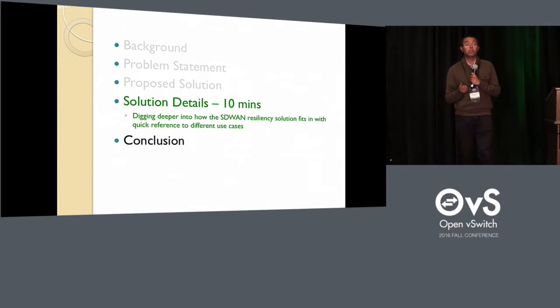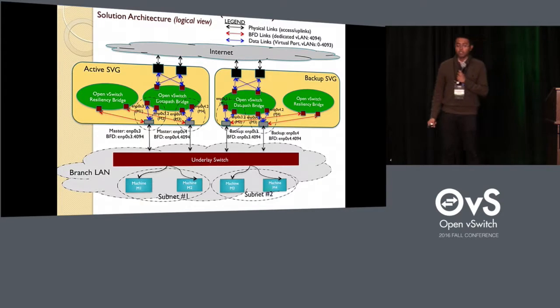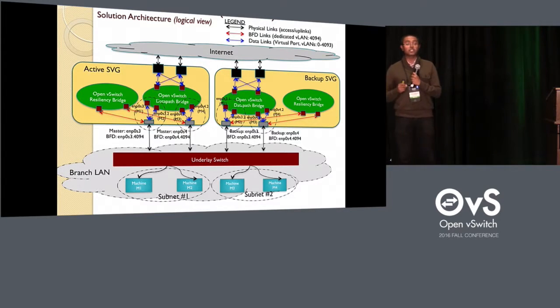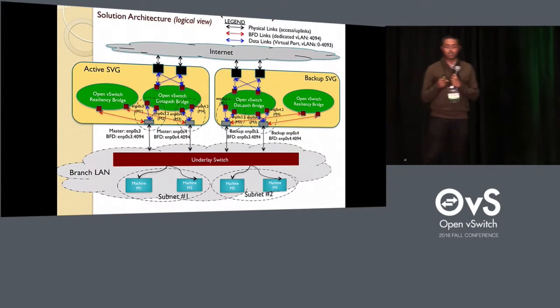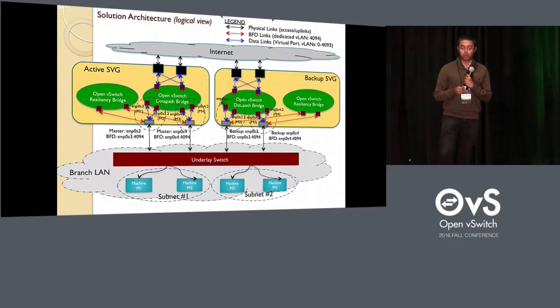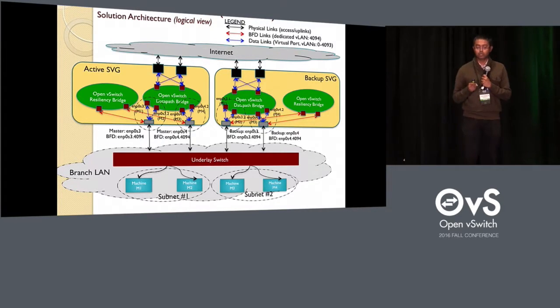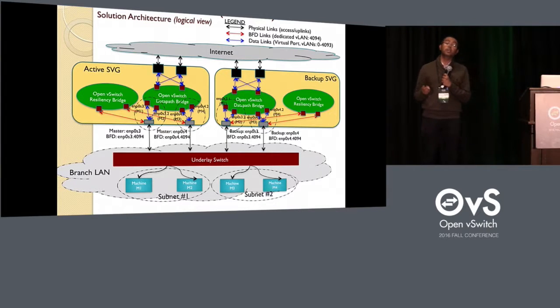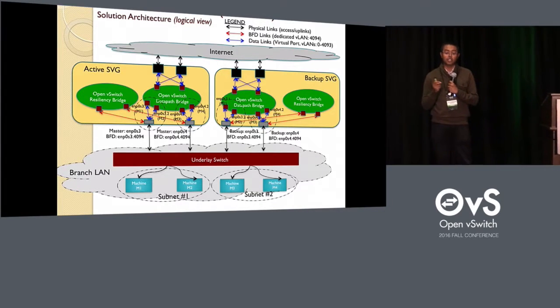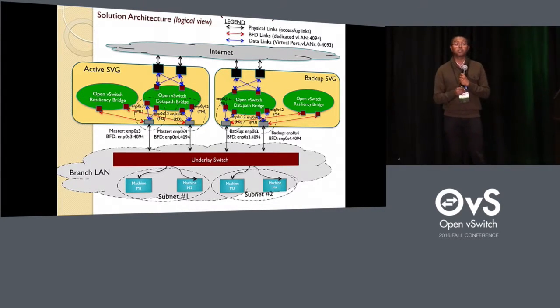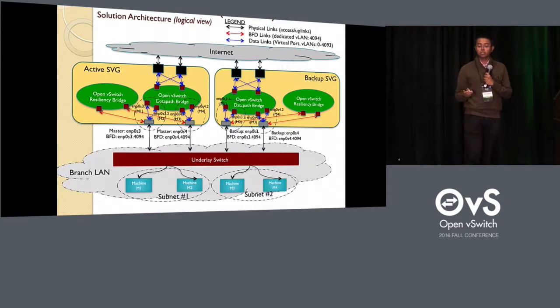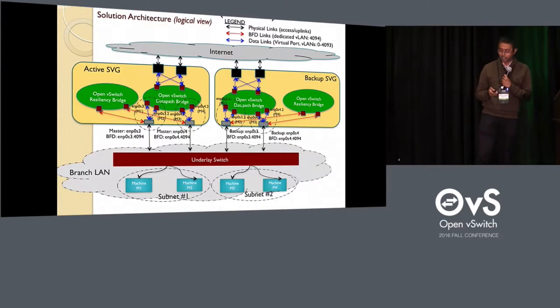Now we will see how we apply it to SD-WAN. We create one additional bridge, which we call the vSwitch Resiliency Bridge. This is primarily to keep the customer data traffic and the control traffic separate.